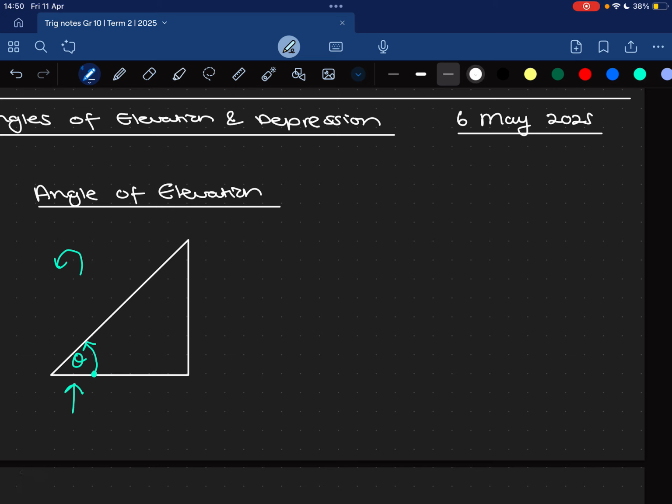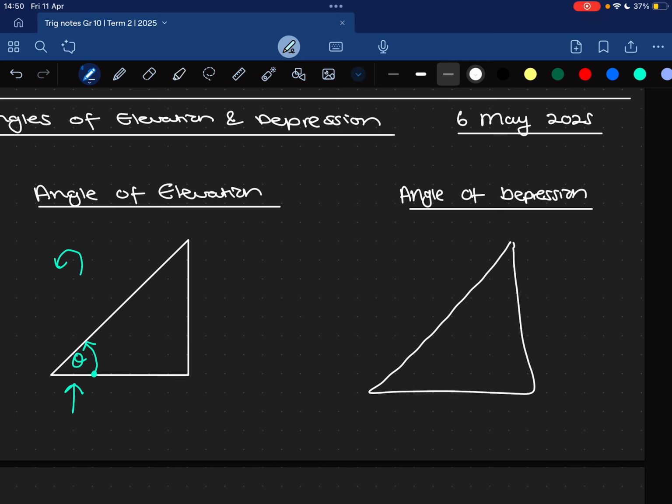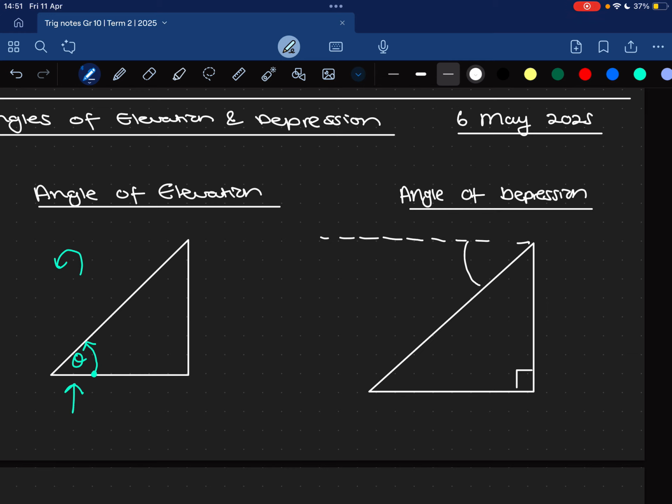Okay, whereas angle of depression is different. So angle of depression would be an angle like beta here.